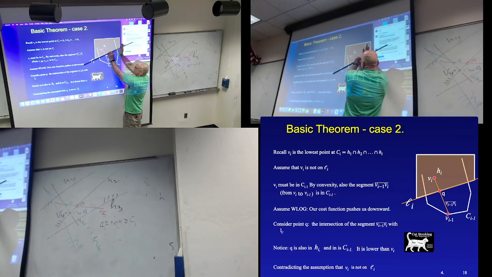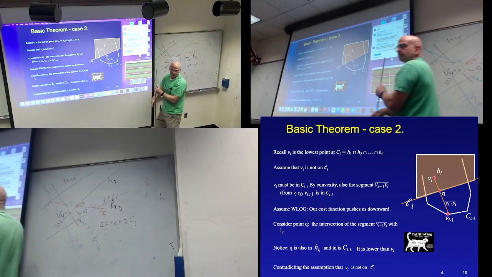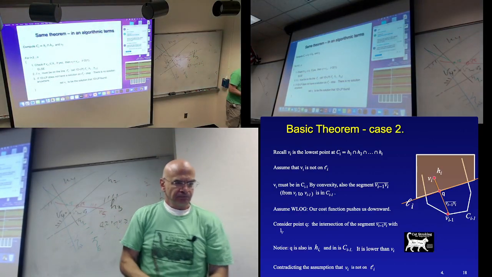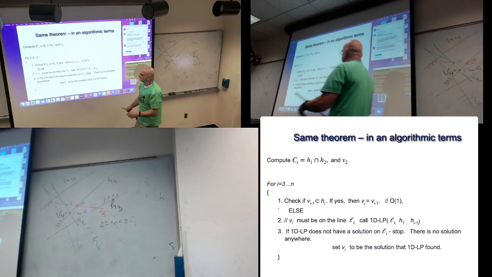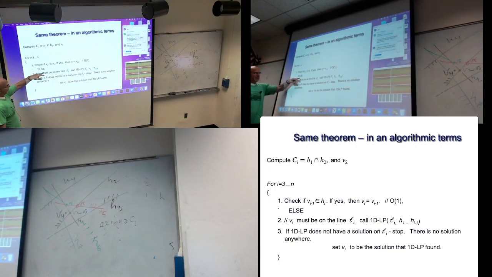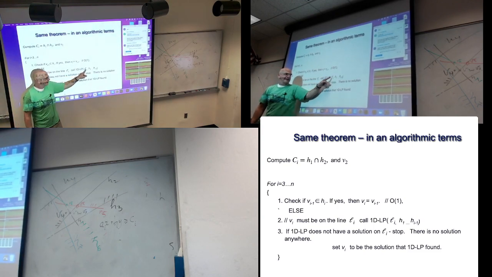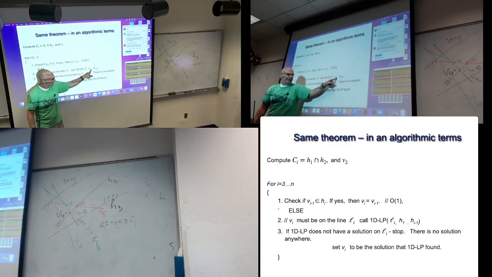But I'm only looking for a solution along this line. So I'm applying the 1D linear programming. Notice the parameters: the line is Li, the boundary of Hi, and the half planes are everything from H1, H2, all the way up to the current half plane Hi.